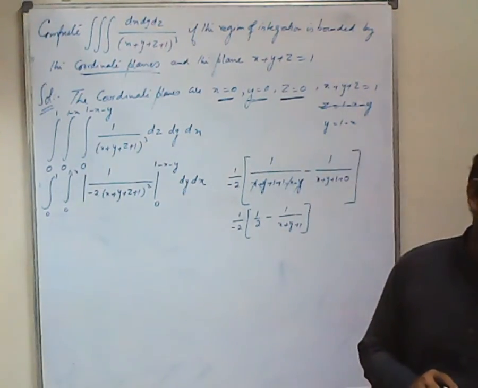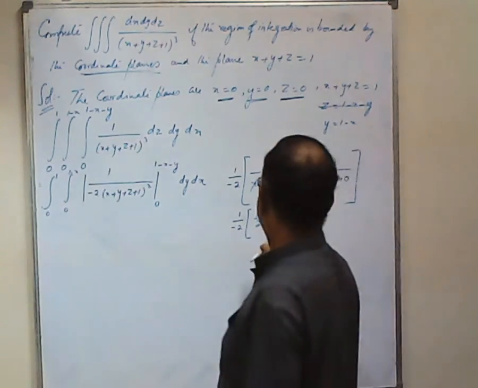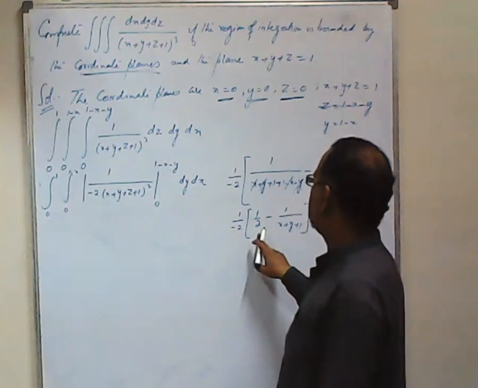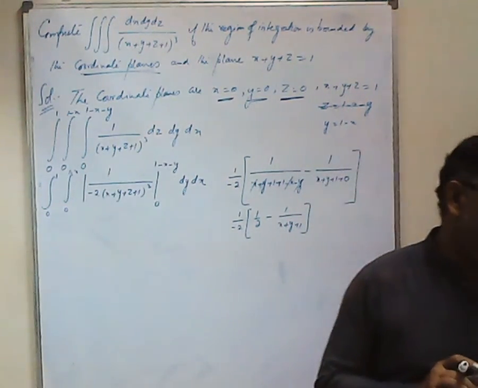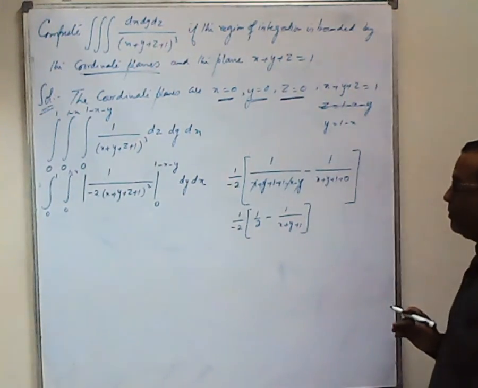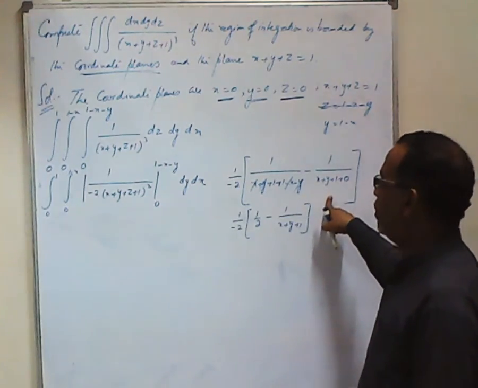So finally we have, if I take minus, this is minus 1 upon 4 and plus 1 by 2 and this one. So this is what we have. This is the upper limit minus lower limit.